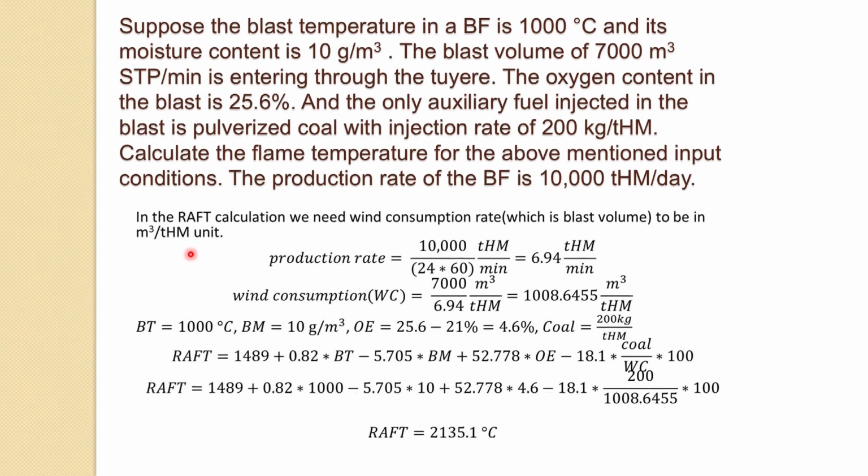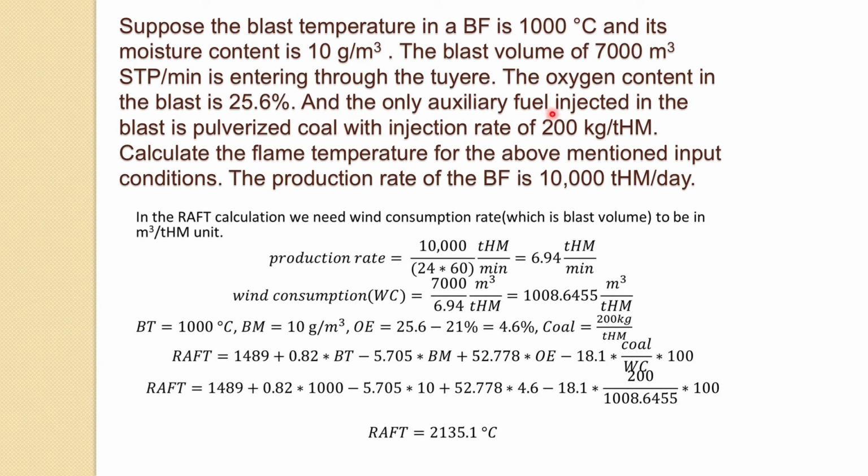So, suppose the blast temperature in a blast furnace is 1000 degrees Celsius and its moisture content is 10 gram per meter cube. A blast volume of 7000 meter cube per minute is entering through the tuyeres. The oxygen content in the blast is 25.6%, which means it is an oxygen enriched blast, which has about 4.6% enrichment.